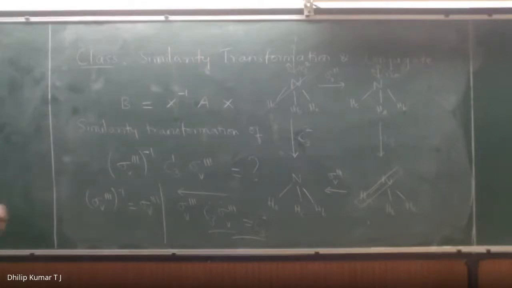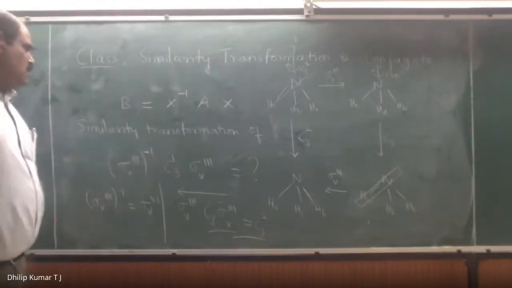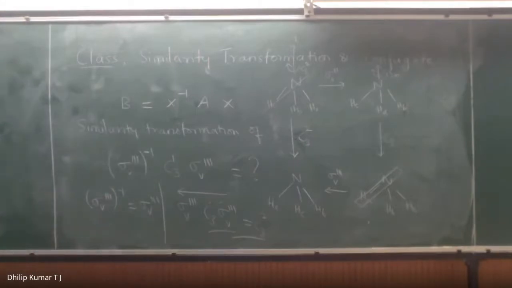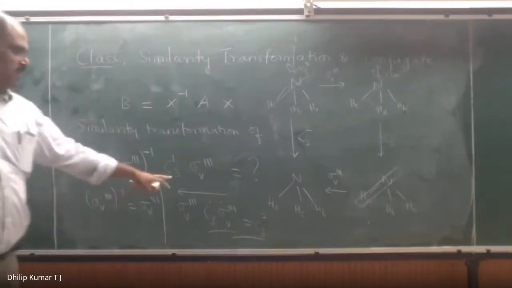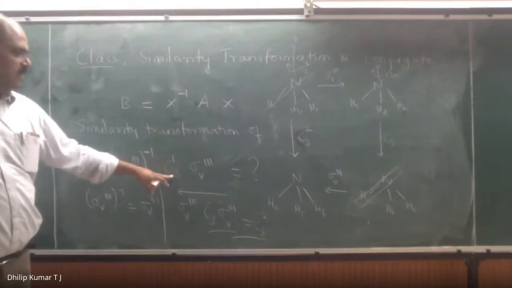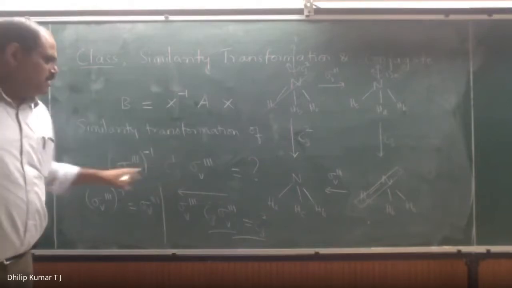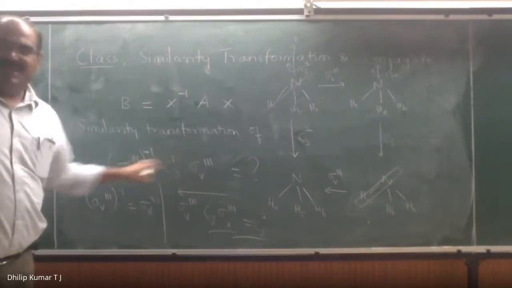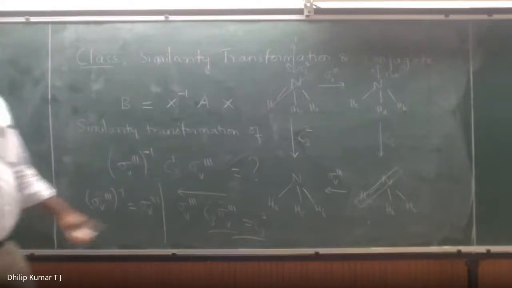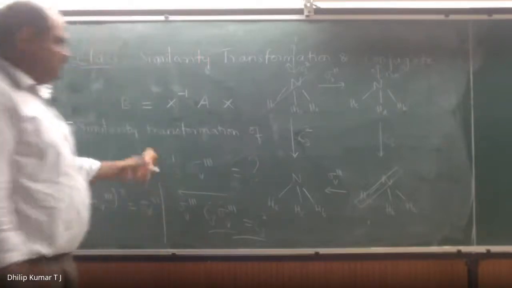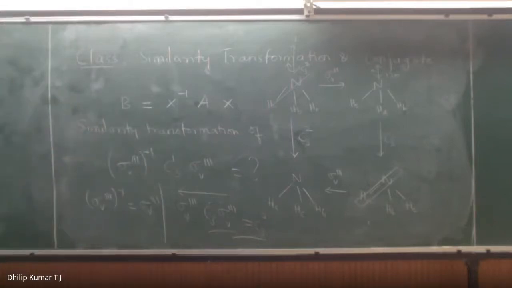So this is one way, and if you perform more, you can try with C3 squared also, or take sigma V and C3 on both sides, and find out the similarity transformation. We can find out the similar transformation of each element with another element.